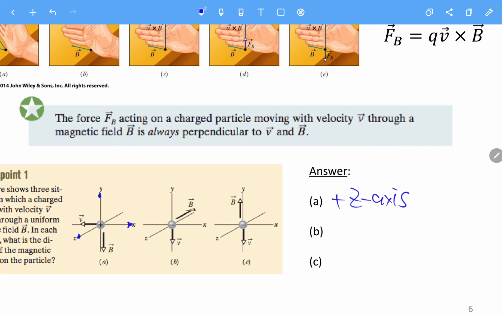And then for the second one, v points in the negative y direction, and E is negative z. So this is the positive x direction. Wait a sec.